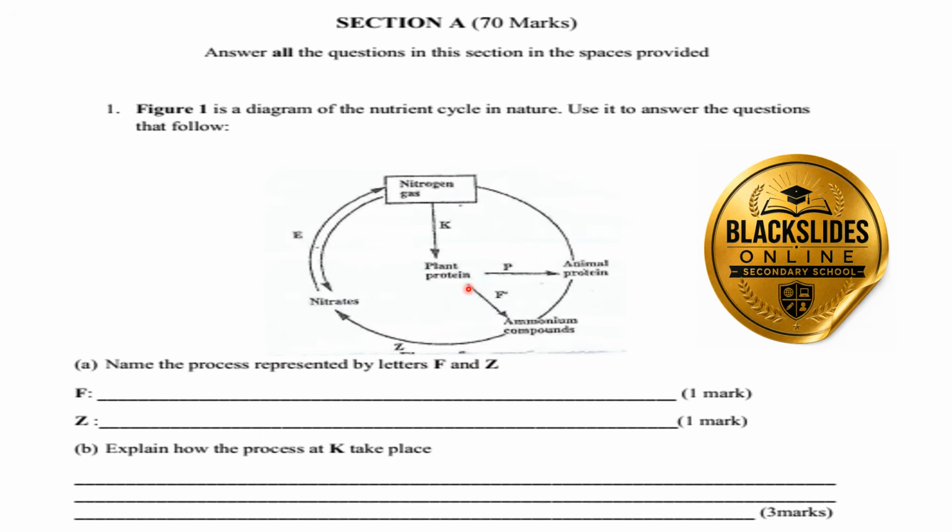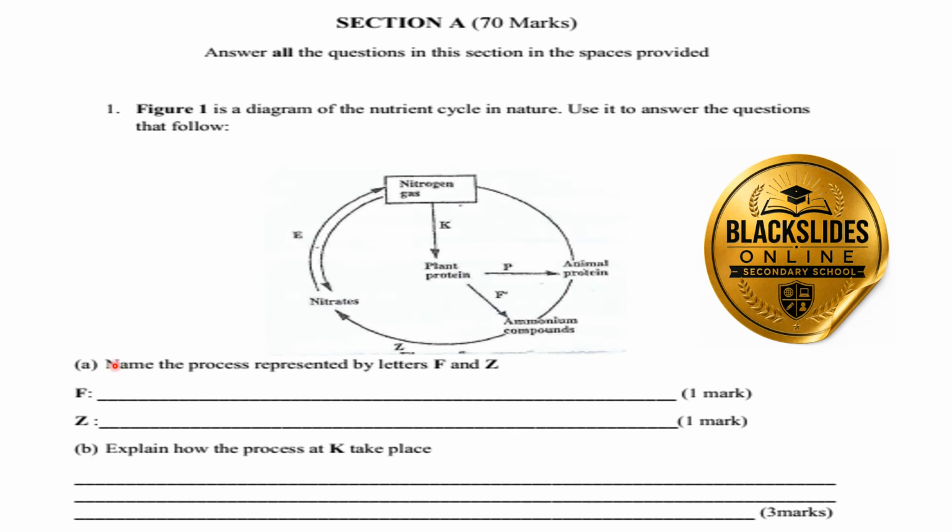The process F is ammonification, where protein from both plants and animals is acted upon. The dead plant and animal materials are acted upon by bacteria and fungi to form ammonium compounds. And then the ammonium compounds are converted back into nitrates, which the plants absorb.